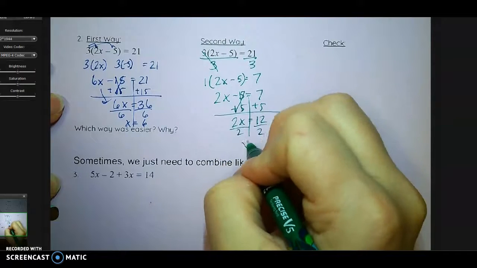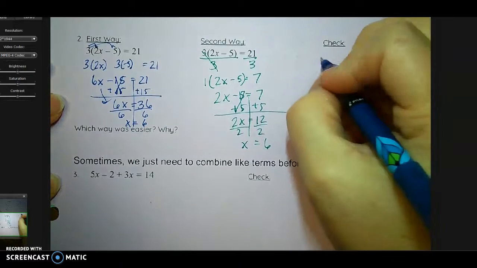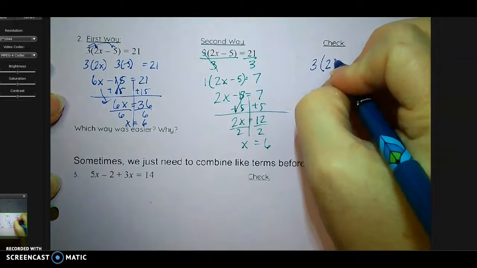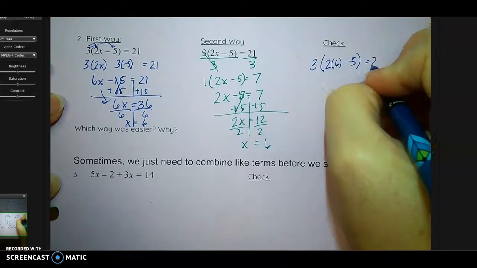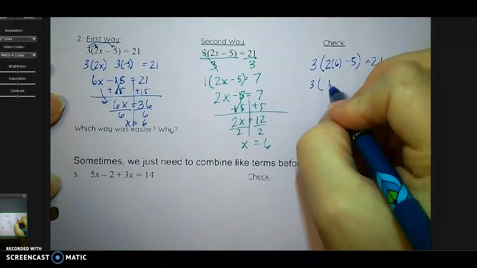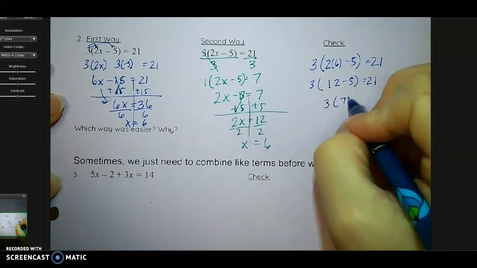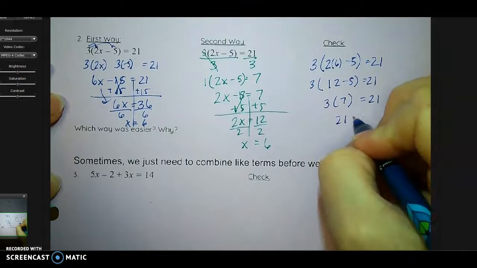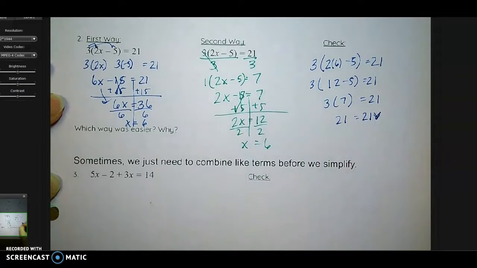I divide by 2, and I get x equals 6. I can still go back over here and check. This time I'm going to want to take care of what's in the parentheses first. And I can see that indeed my answer must have been correct.